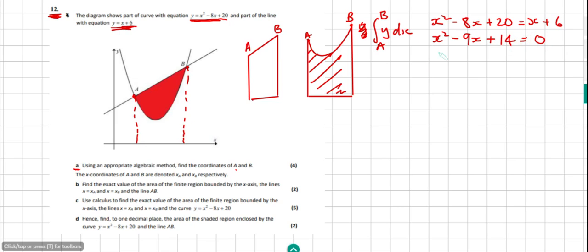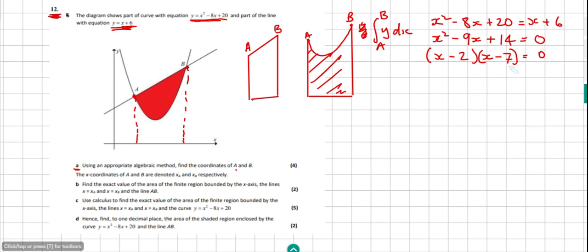And then we could just solve that on the calculator or factorize it. So if we do the factorization method, we've got x and x at the start of each bracket, and it's going to be multiplied to make 14 and adding to make the minus 9. So we can see that minus 2 and minus 7 would do that.